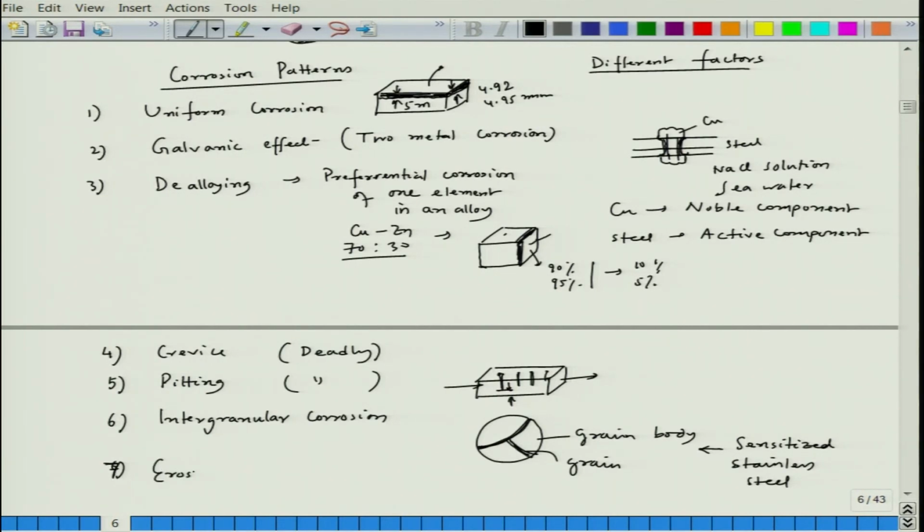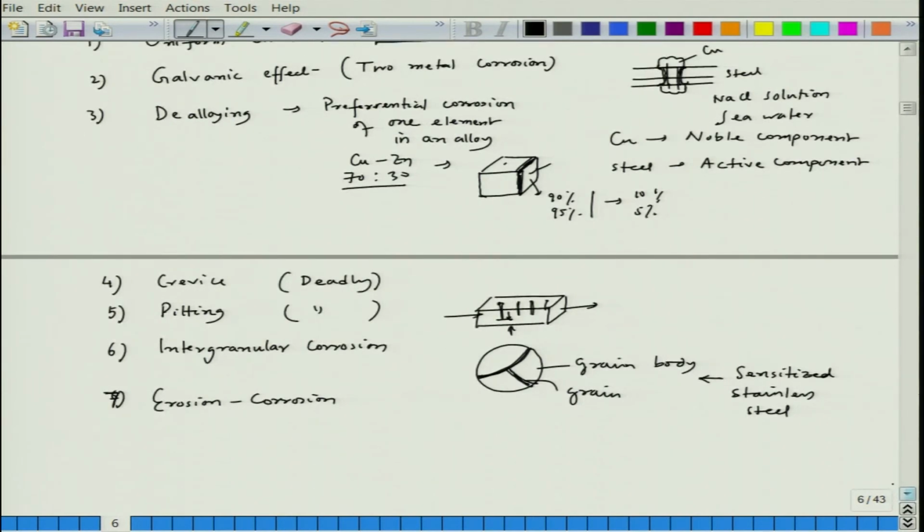Fine. Now, seventh is erosion corrosion. Wherever there is an erosion factor which is mechanical in nature, in addition to that we have electrochemical components. For example, if we see an example of pipe corrosion, let us say this is a pipe and emulsion is going through. That emulsion will have the strongest effect around this zone, and this portion can leak, and there will be a possibility that emulsion will leak out.